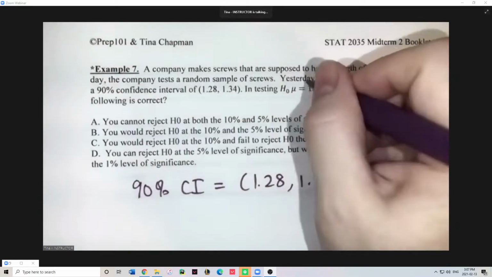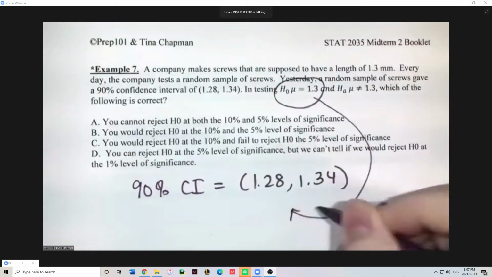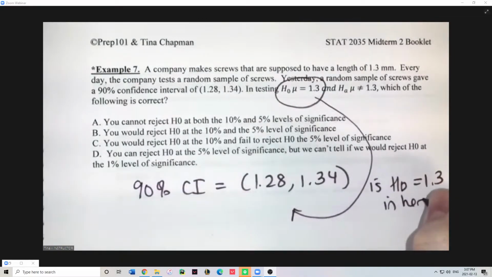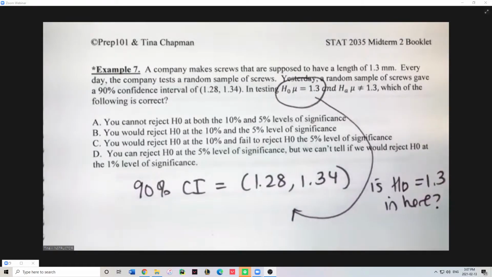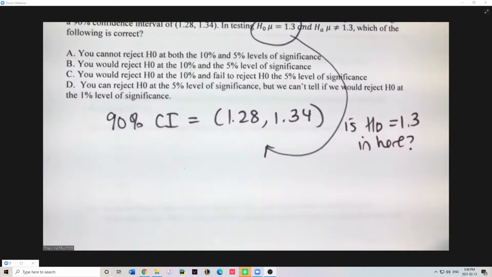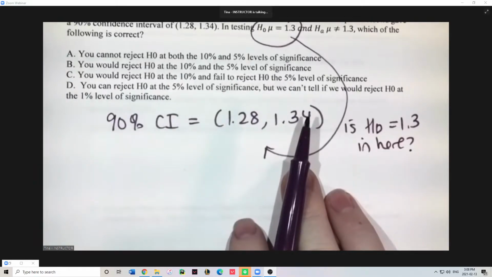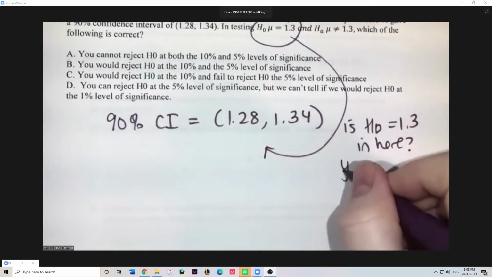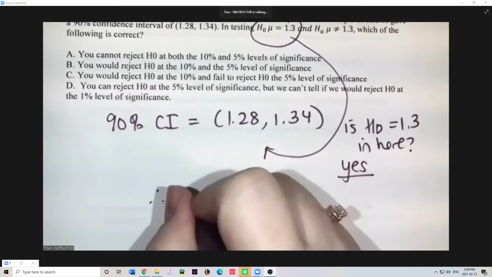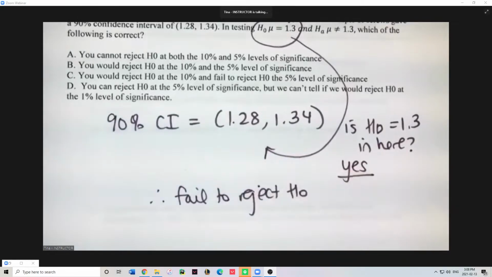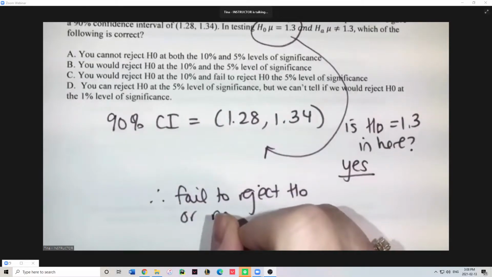So we have to ask ourselves, is our H naught in here? Okay, so is 1.3 between 1.28 and 1.34? Yes, right? So that would mean fail to reject H naught because H naught is 1.3. So we're not going to reject H naught. Okay, or do not reject H naught.